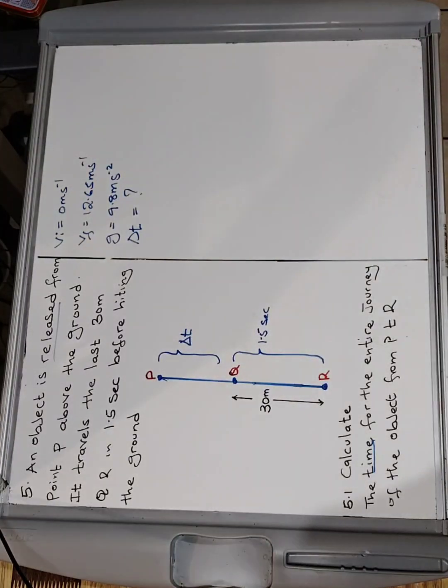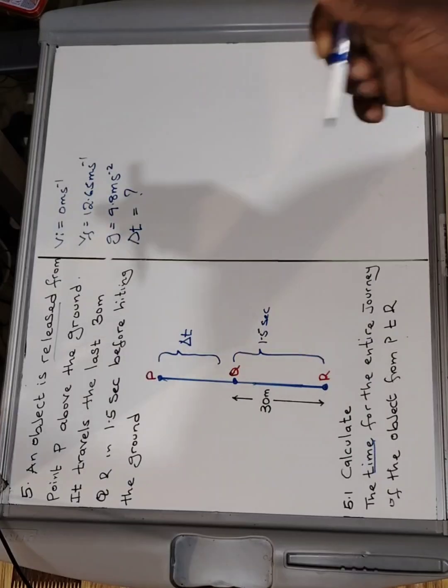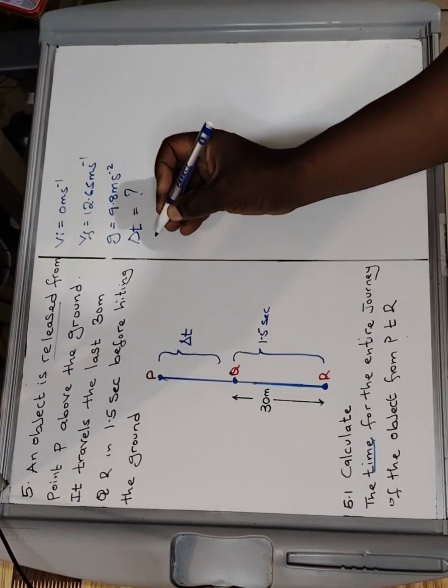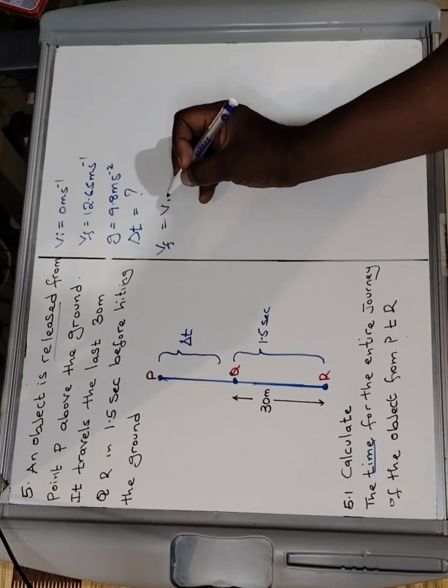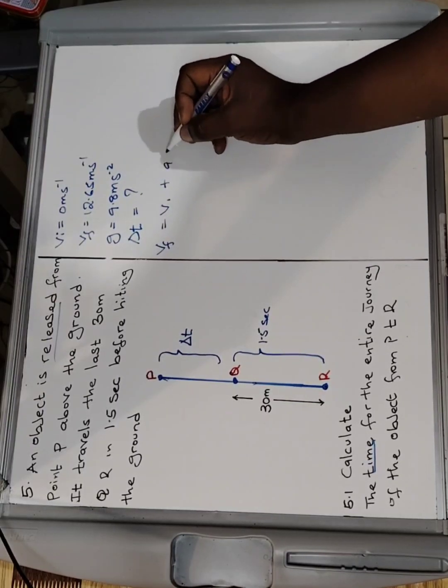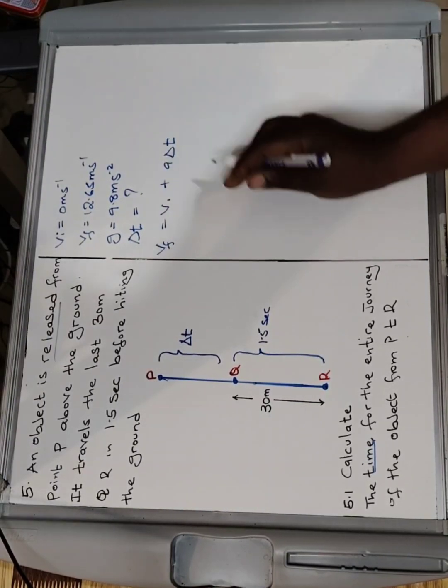With that, what is next? Choice of the equation. What equation suits this data? It happens to be the first equation, which says vf is equal to vi plus a delta T.